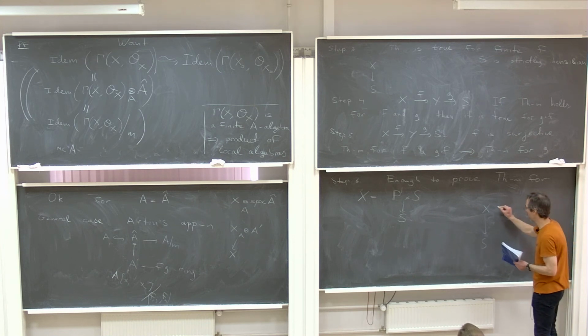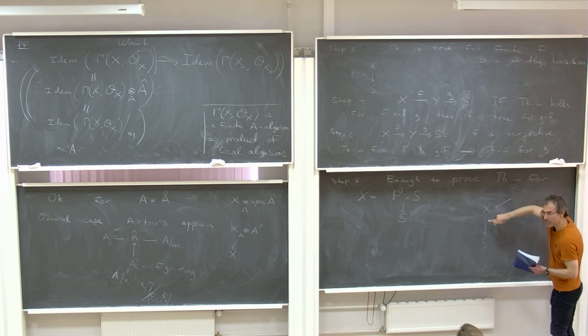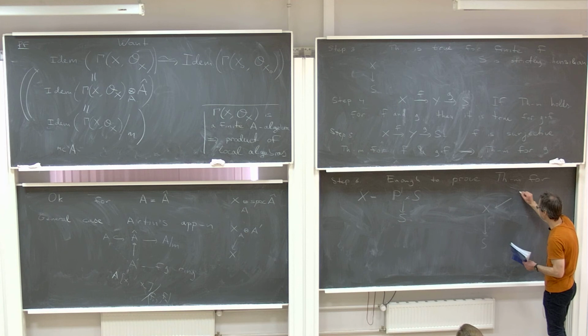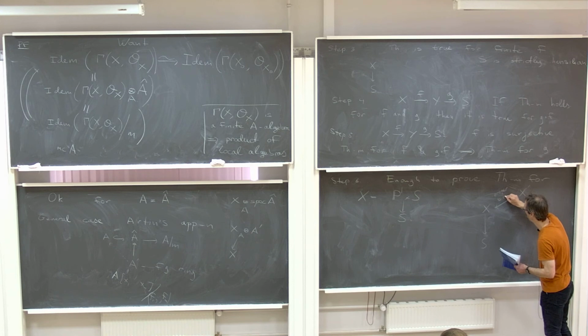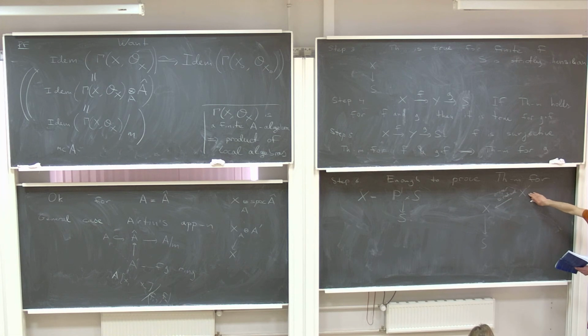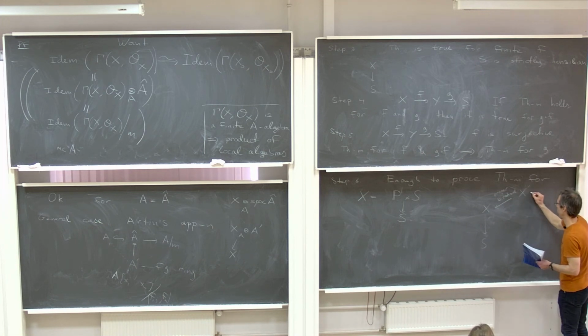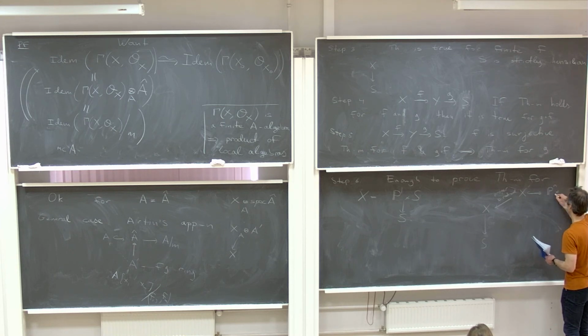In this situation we have Chow's lemma, which says that for any proper scheme over S, there exists a projective scheme X prime, where this map is proper, birational, surjective, and this is projective. So that means that I can factor it into P^n times S over S.